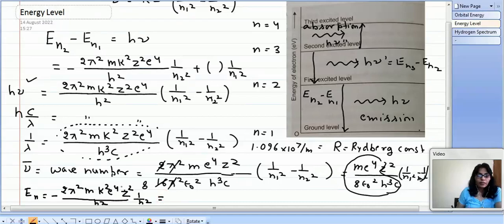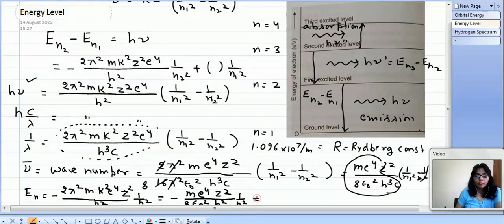And then if we put the value of k, we will have the term m e to the power 4 Z square, and in the denominator it will be 8 epsilon naught square and h square, into 1 upon n square.